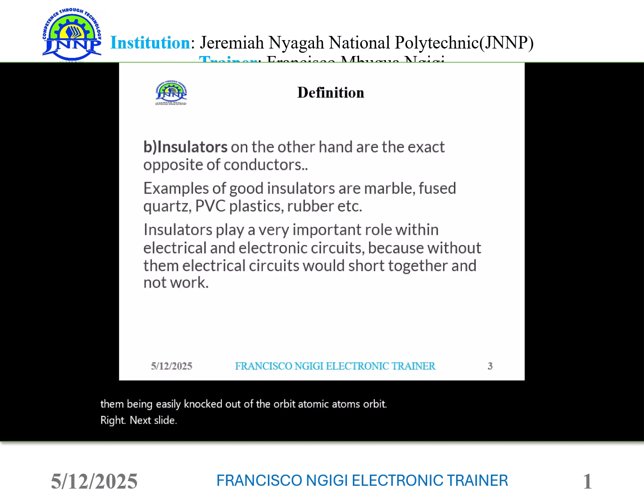Insulators. They are the exact opposite of conductors, meaning they have very high resistivity, and the electrons are not easily dislodged, meaning they are not mobile.